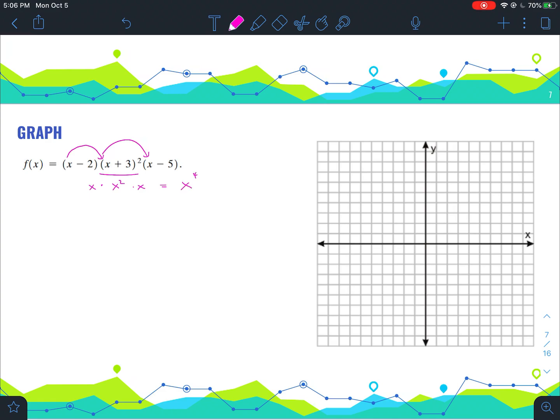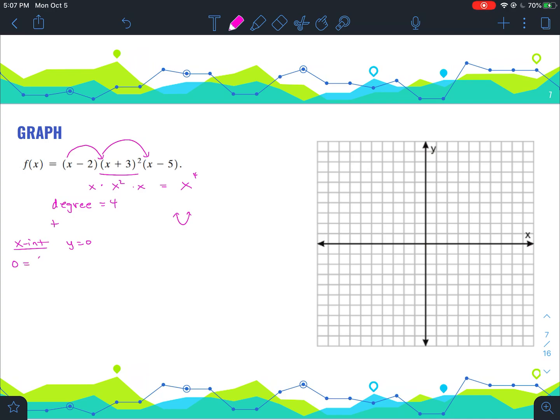That one has an x and that one has an x. So if I multiplied those all out, I would have an x to the 4th term. So the degree of this polynomial is 4, and it's a positive leading coefficient. So remember, positive leading coefficient and even degree means the end behavior is going to go up and up. So both tails of this graph should go up and up.